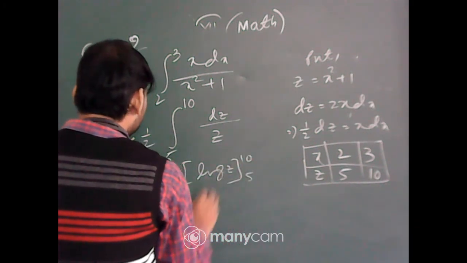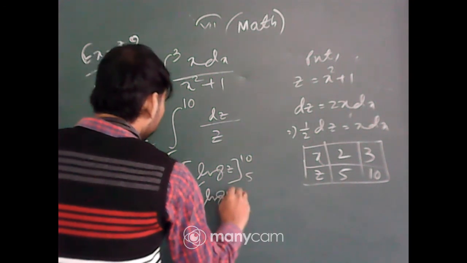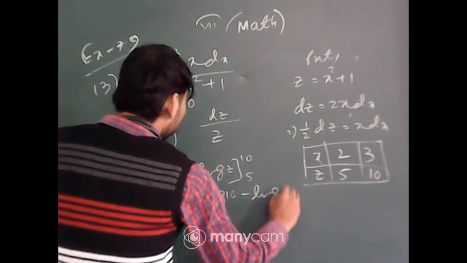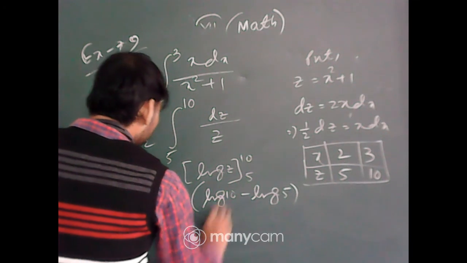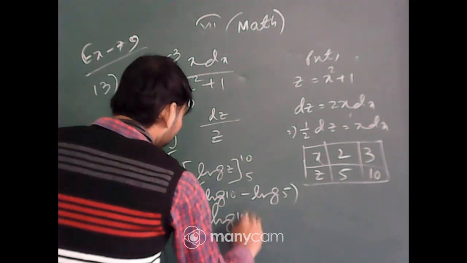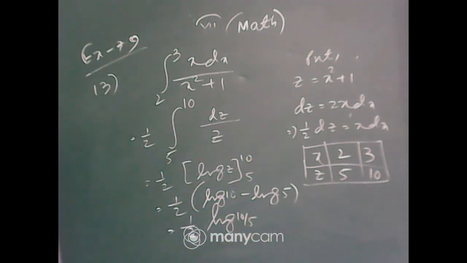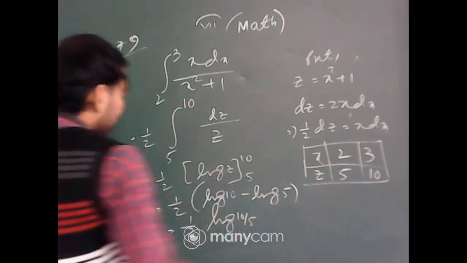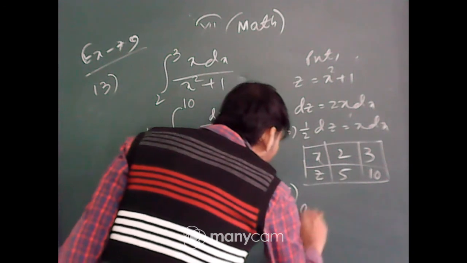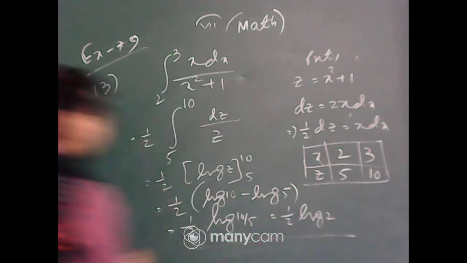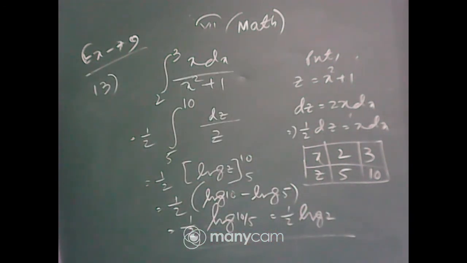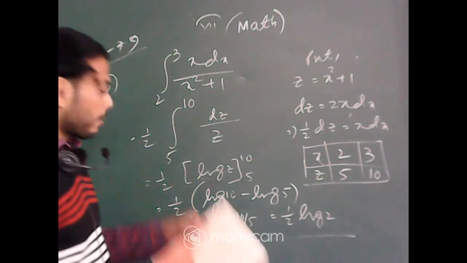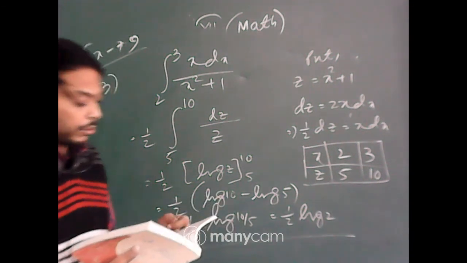That means 1 by 2 log 10 minus log 5. That means 1 by 2 log 10 by 5. Property of log: log a minus log b equals to log of a by b. That means 1 by 2 log 2. This is the first problem of the exercise for the substitution.